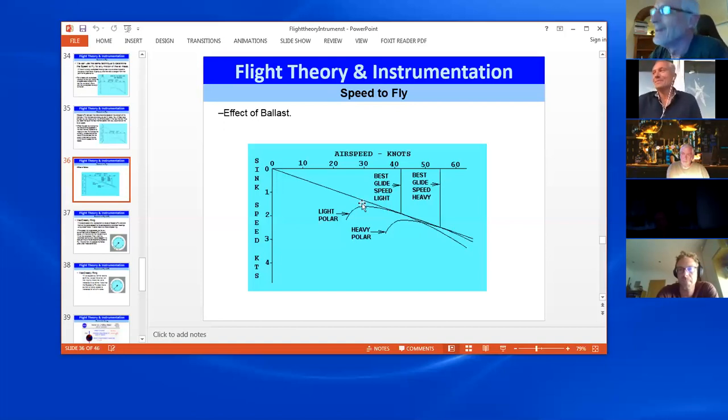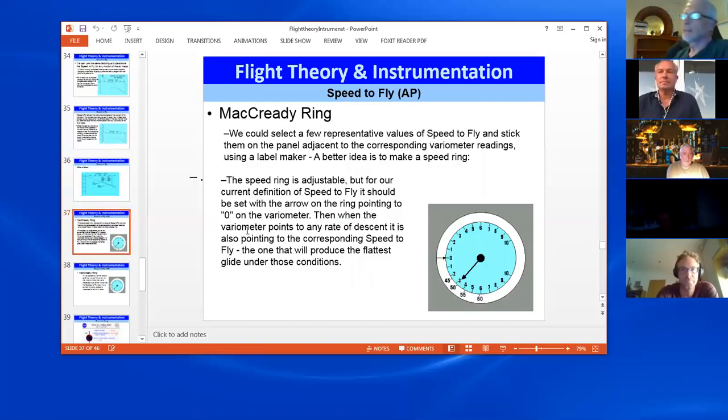No problem. Cool. I'll mention these very quickly. The McCready ring, again, sailplanes use them. It was basically a way of working out speed to fly, using the sink.